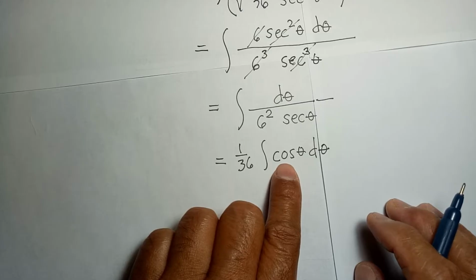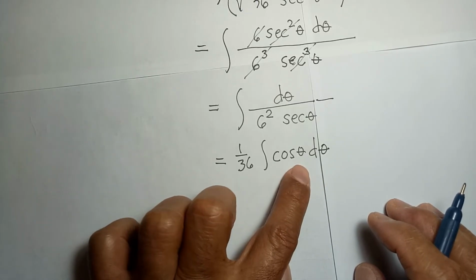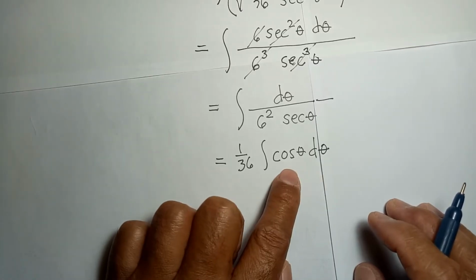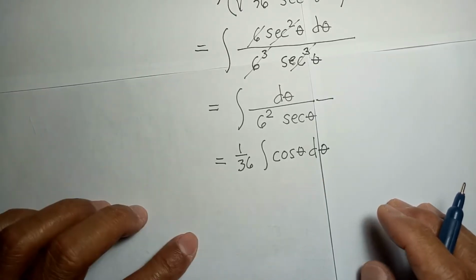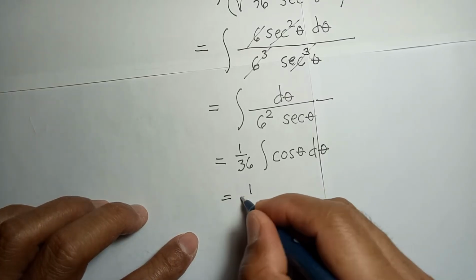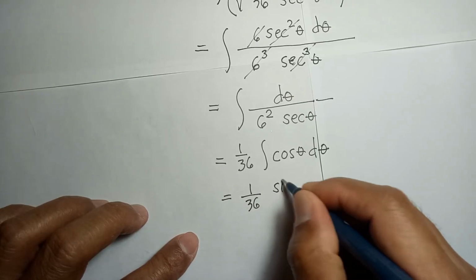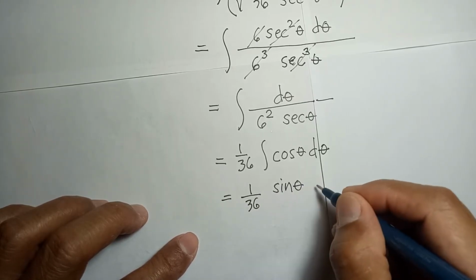At ito ngayon ay readily integrable na. Ang integral ng cosine theta d theta equals sine of theta. Kaya magiging sagot natin 1 divided by 36 sine of theta and then plus c.